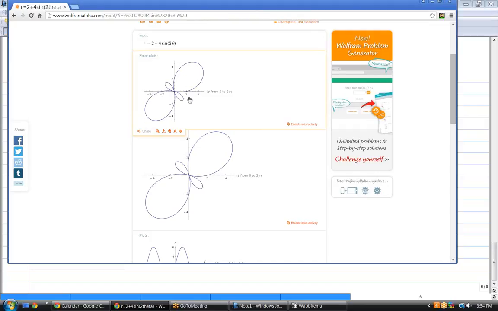Well, first of all, these little loops are going to come when this thing is minus 1. Right? When the sine of 2 theta is minus 1, then r is going to be minus 2. And even though these look like plus r's, remember that r of minus 2 merely means it goes in the other direction.